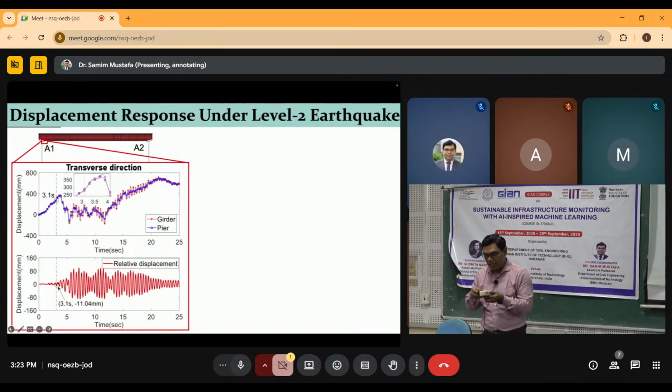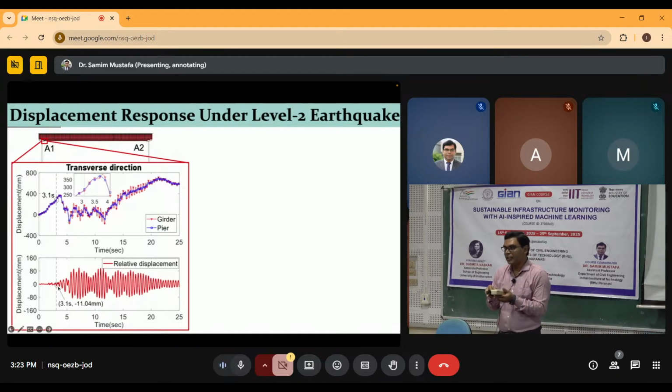The gap between these two is only 10 mm. If it goes beyond 10 mm, that means at that point fracture of the side block occurred, meaning it is no longer able to resist that movement, right?